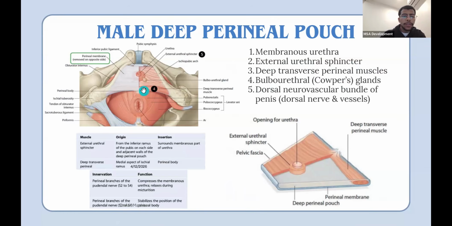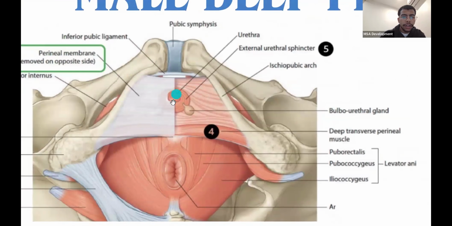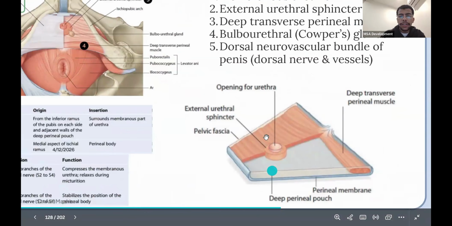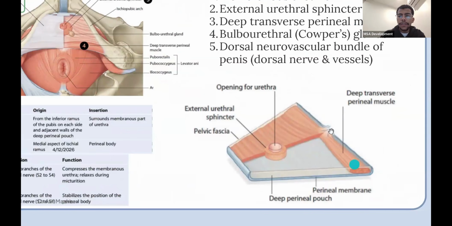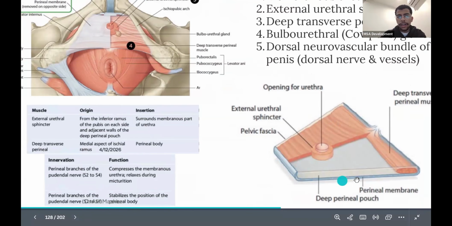Now, let me zoom in so that we can see all of that. Can you guys see here? The urethra. We removed the perineal membrane so that we can see the deep pouch. We removed it and it's outside here. So can you guys see the urethra and the external urethral sphincter? And then we have the deep transverse perineal muscle.